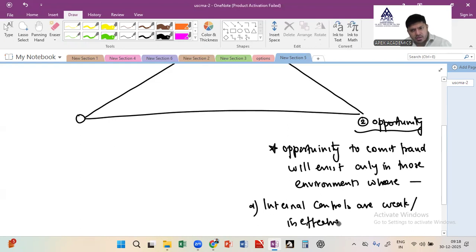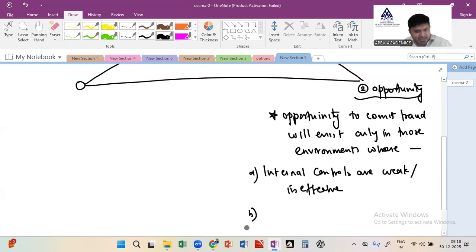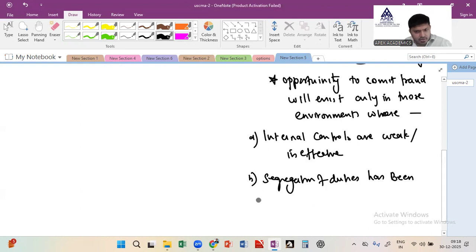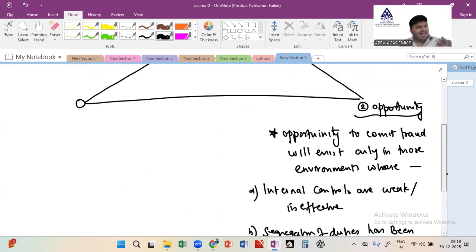Second, where segregation of duties has been broken by collusion. At such a time, opportunity exists.